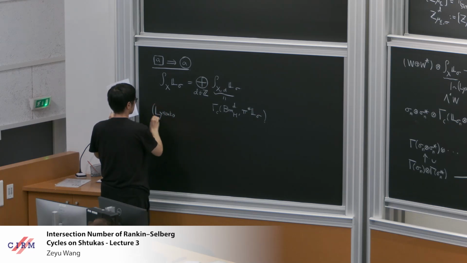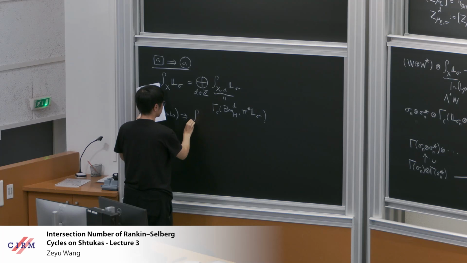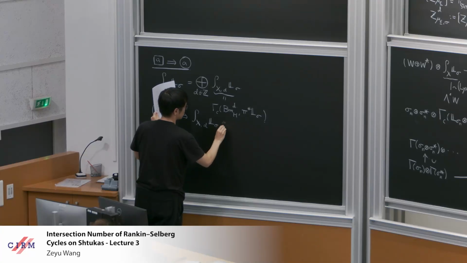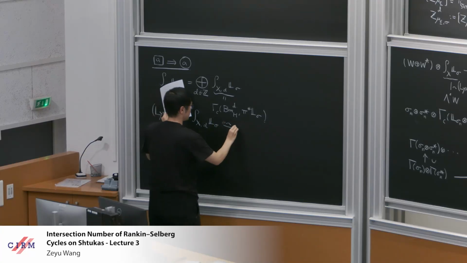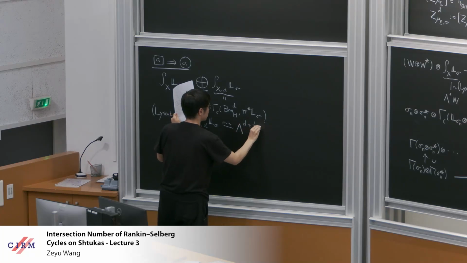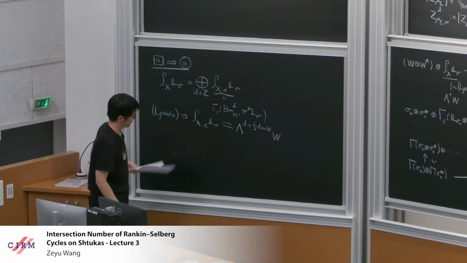Lysenko's result tells you that the degree d part of this period integral is isomorphic to some specific power of an exterior power. So it's really this.